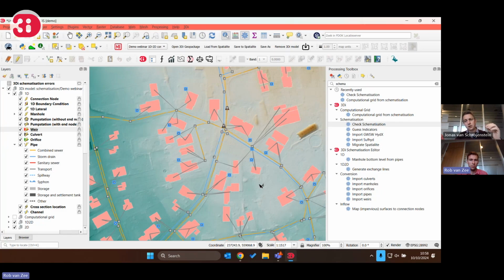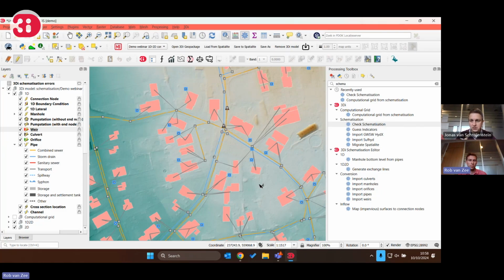Imagine you are putting your time and effort in building the best schematization you can ever imagine. And if you then don't use the right amount of water going in, then those efforts are in vain. You have to be in balance when you do that. You have to make sure that the amount of water that you put into your system is in line with the amount of effort that you put into building your schematization.